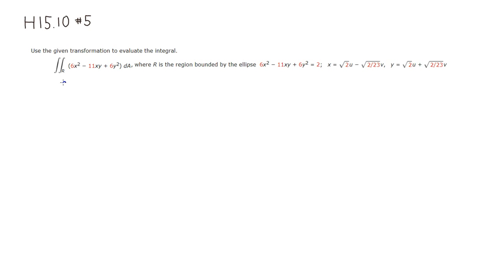The Jacobian is going to be the partial of x, y with respect to u, v.